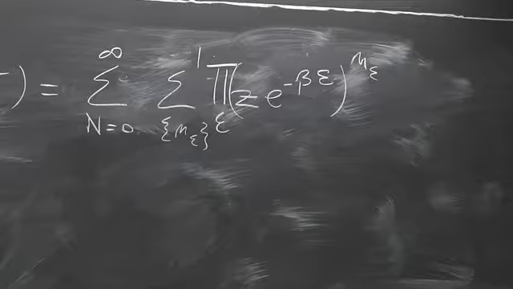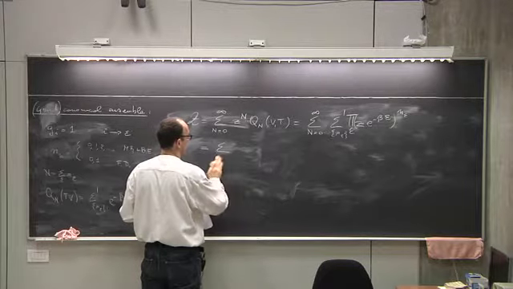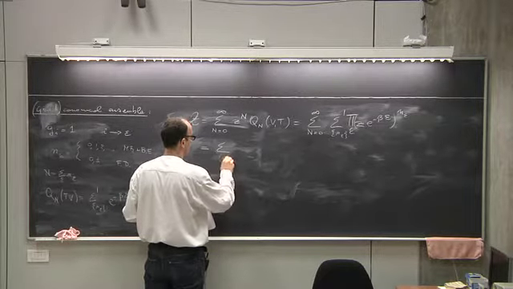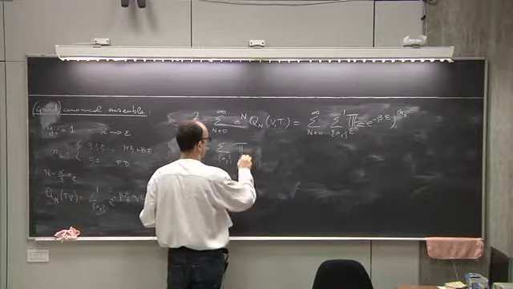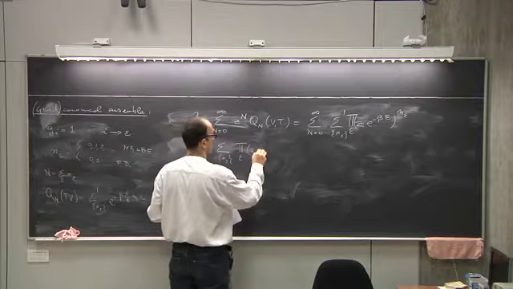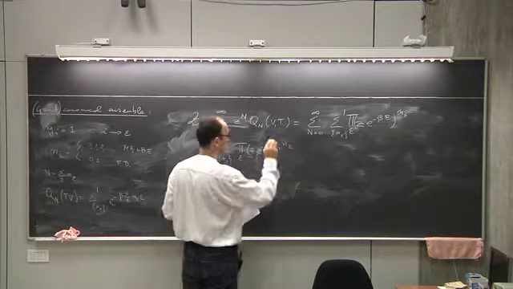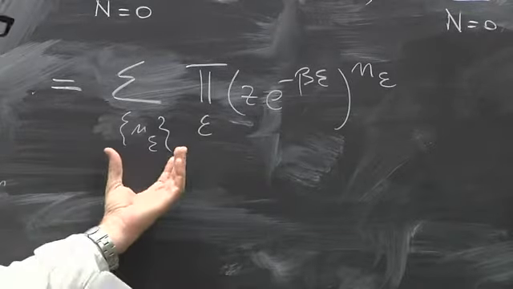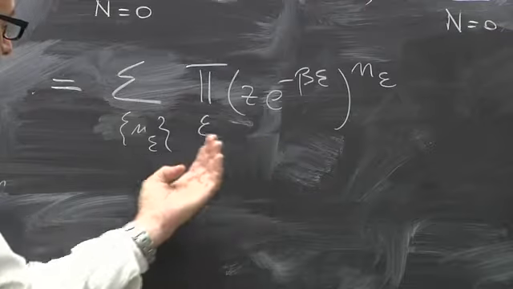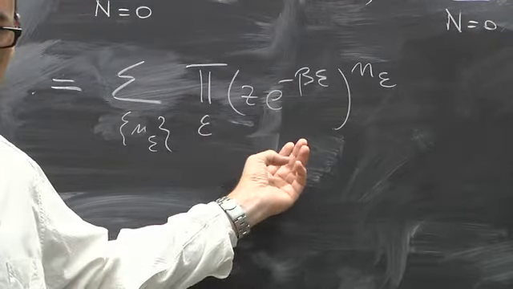So this is just the sum over all the possible n of epsilon of this product of epsilon, z e to the minus beta epsilon to the n epsilon. And now you see this is like a multiple integral of a function which is just factorized.